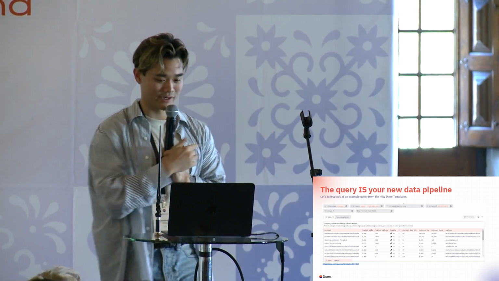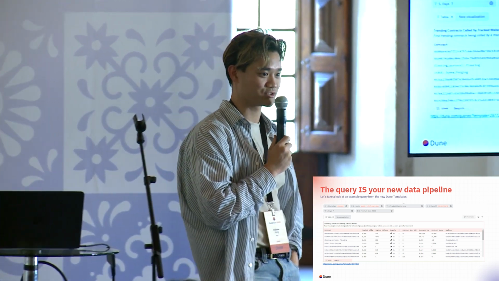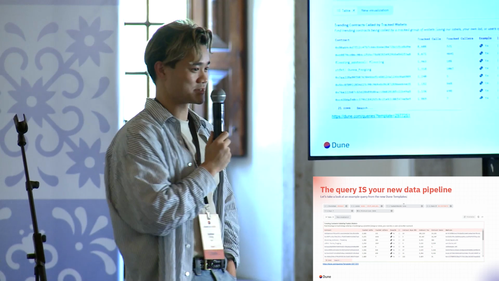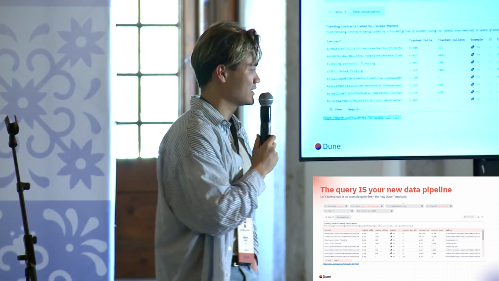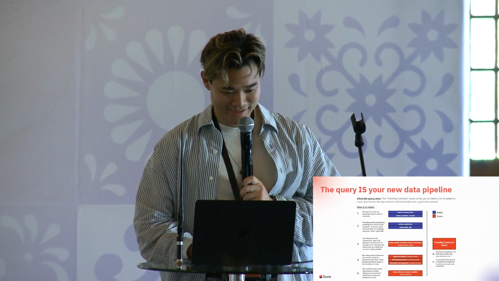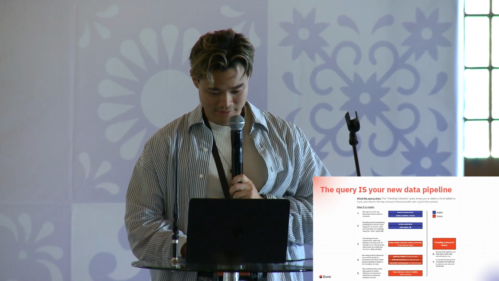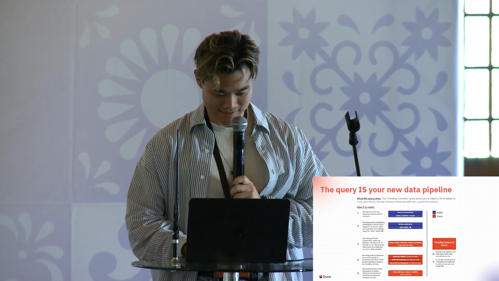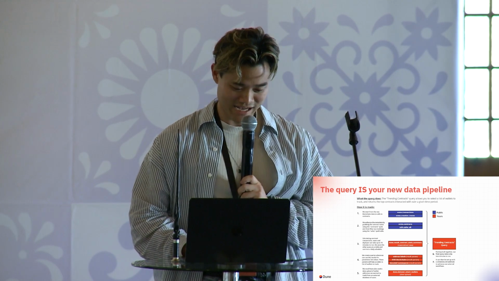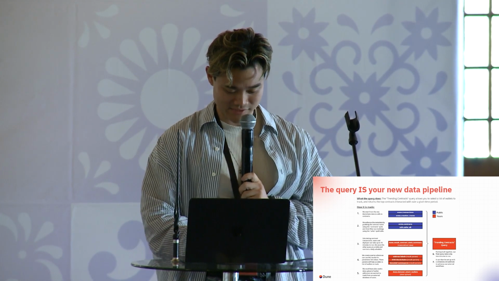This is a query where I'm looking at what the trending contracts are being called by a set of tracked wallets. Let's say I want to know what all ENS users are calling this week. This is part of templates, which is something new we're launching next week. I did not get it done in time for this week. So I can click here, and I can see, okay, I want to look at users using Ethereum that have an ENS, that have a user platform, and I can check, are they users of some other contract?